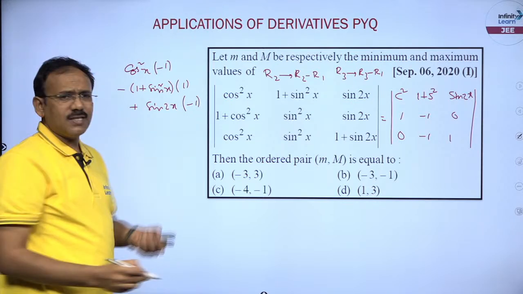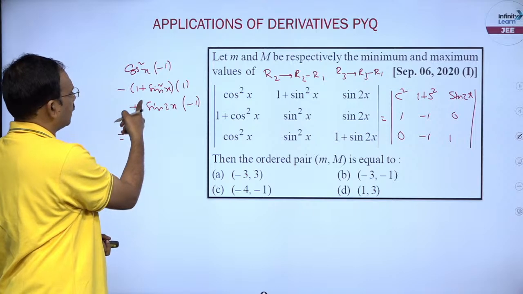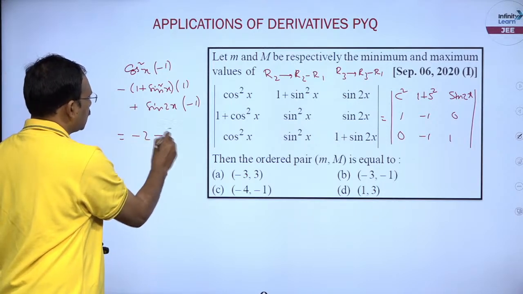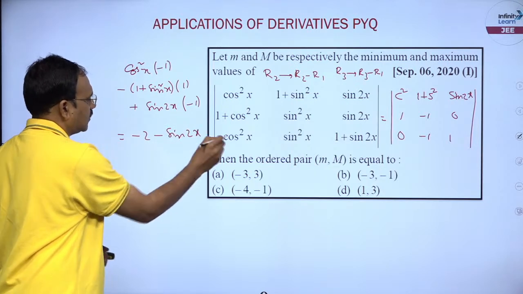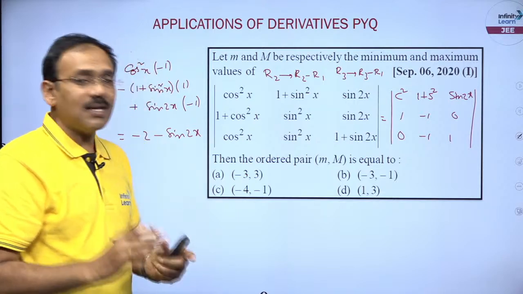You just simplify this, friends, it is a matter of expanding. Minus cos square x minus sin square x is minus 1, minus 1 minus 1 is minus 2, minus sin 2x. So, up to here it is a problem of determinants.